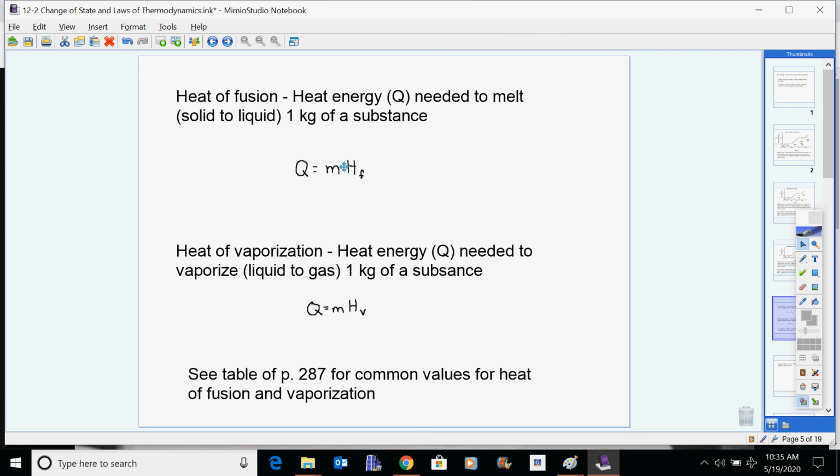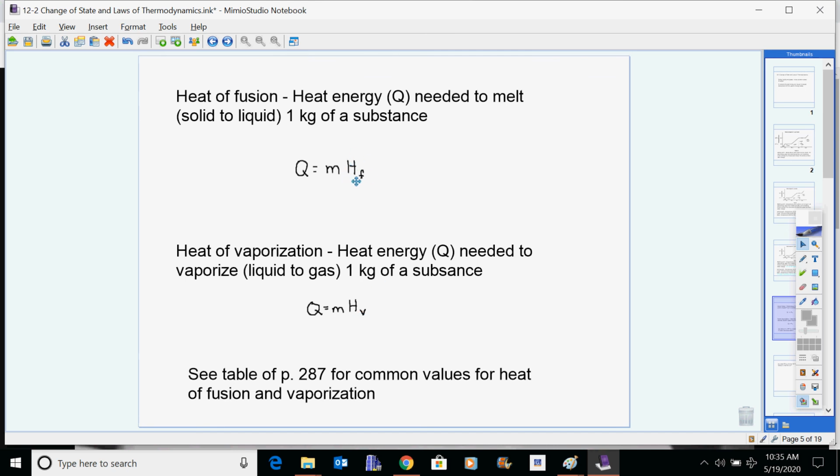You also have substance specific heat energy that's required to make a change of state. So for example, HF is the heat of fusion, and you would be able to find that in a chart on page 287 for some common materials. Or in your test, you'll be given the heat of fusion or the heat of vaporization if you need it for a specific problem.